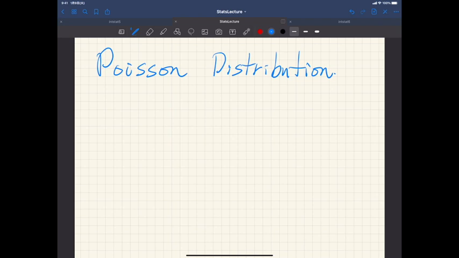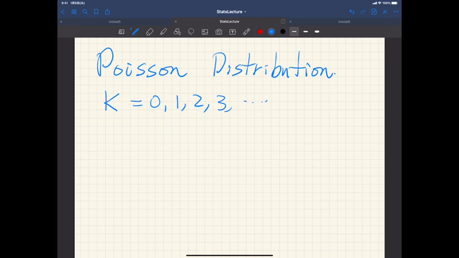Now let's start studying the Poisson distribution. Let us give the definition first. So this k is a random variable that can take the value from 0, 1, 2, 3, and so on. So no negative integers.